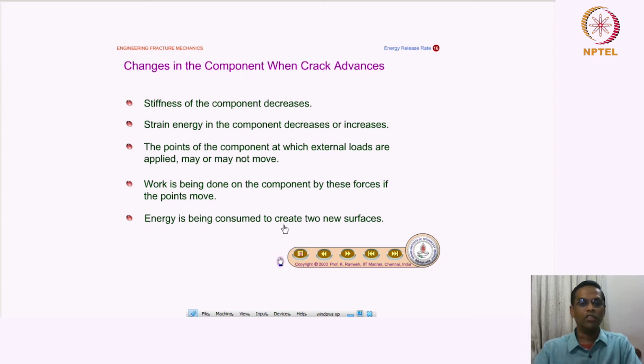Energy is being consumed to create two new surfaces. This is an important, conceptual step put forward by Griffith, approaching the crack problem by trying to get an expression for an energy release rate. So we will see one by one.